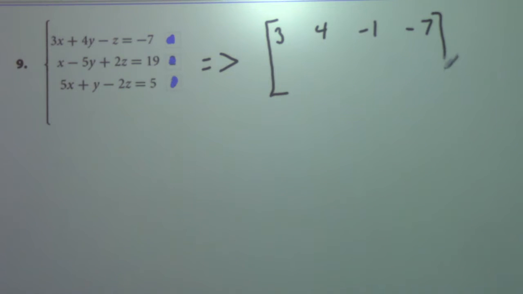So it's going to look like this, your augmented matrix. Then you have 1, -5, 2, and 19. And then finally you have 5, 1, -2, and 5. And so that would be your augmented matrix.